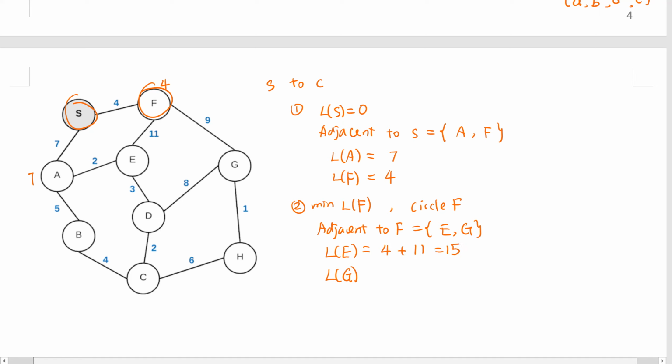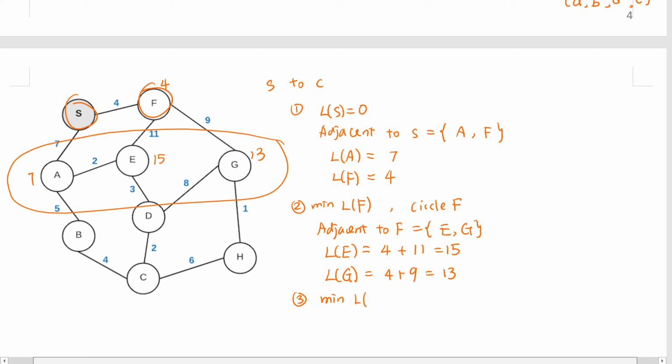It gives us 15. And G is 4 plus 9, that is 13. Okay, now you compare, which one is the smallest? L(A), right? So circle A.